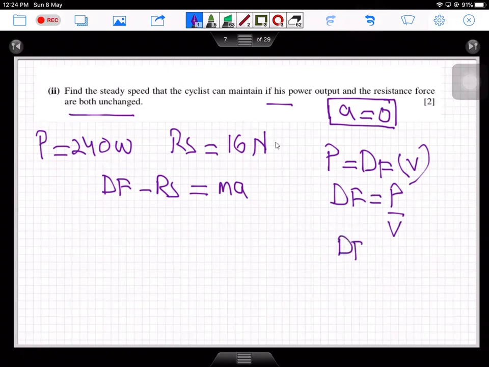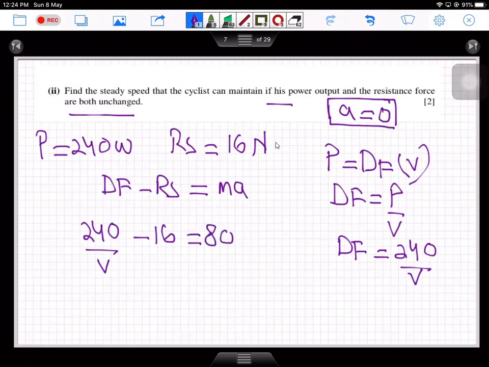So the driving force is equal to 240 divided by V. So in place of driving force, I can write 240 divided by V minus the resistance, the same 16 Newton, equal to mass times acceleration. And since we are talking about the steady speed, acceleration is equal to 0.